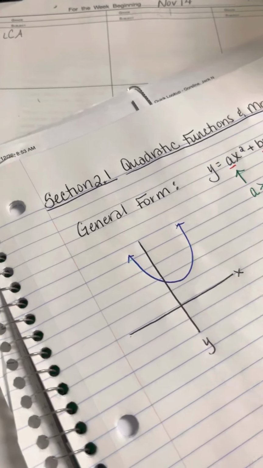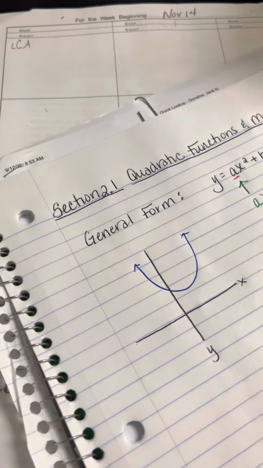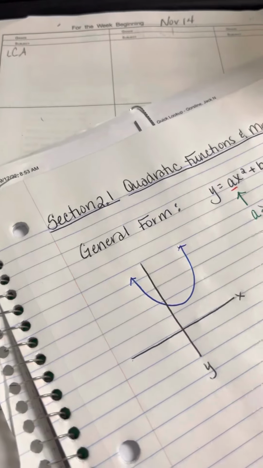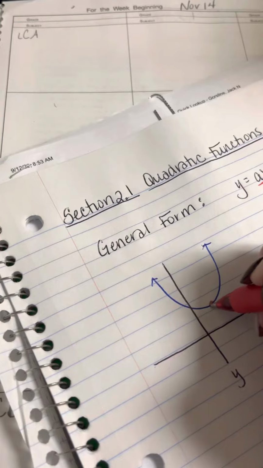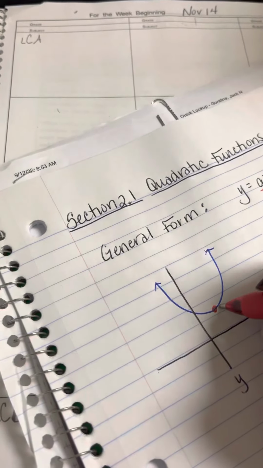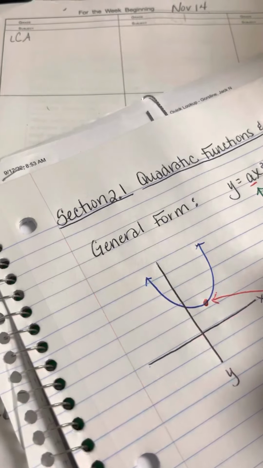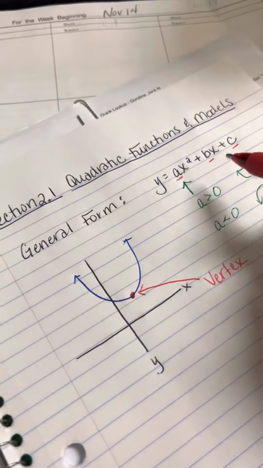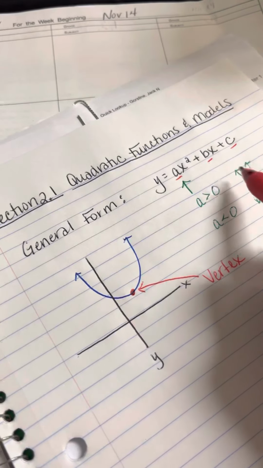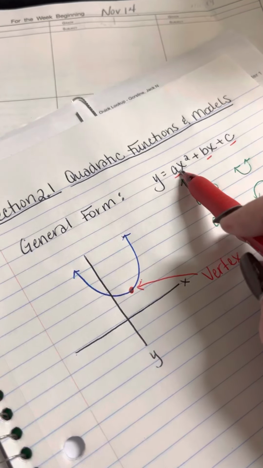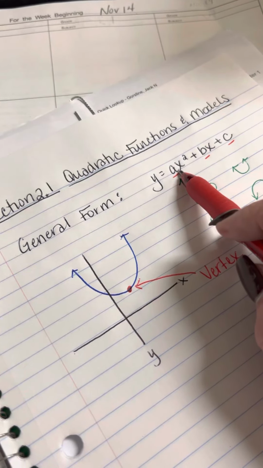But here from the graph, there's a couple of things we should know. First of all, this point right here is the vertex of the graph. And we can find the vertex of the graph by using these letters, which would be replaced with numbers.